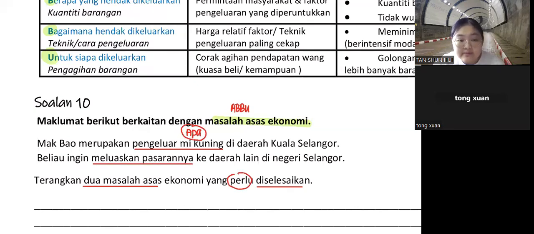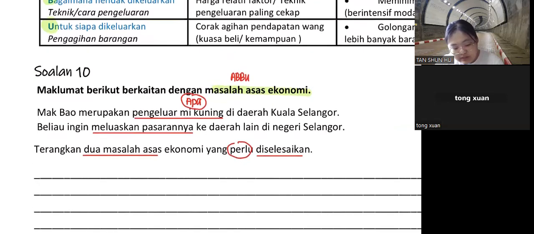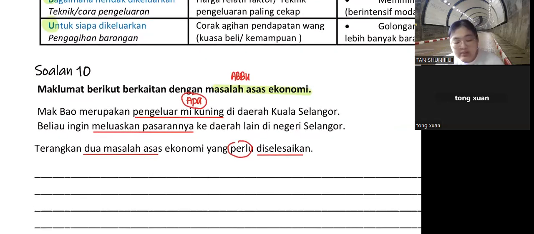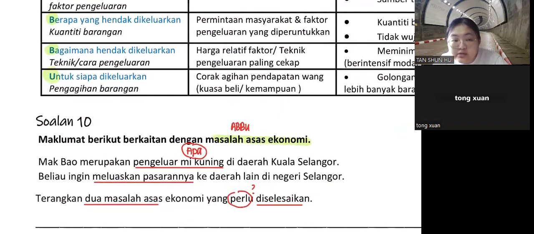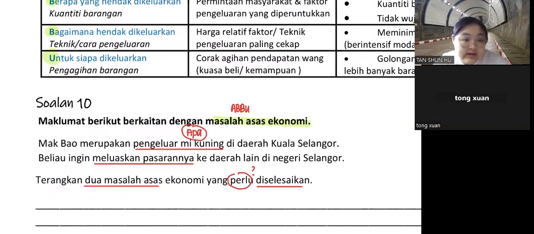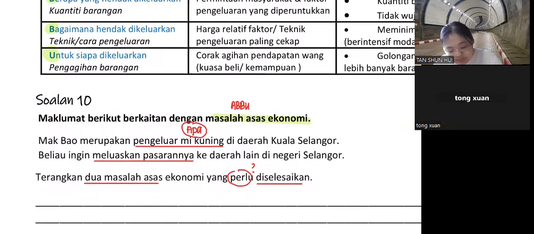So they only solved the upper part. Then which one is perlu diselesaikan? Which one haven't they solved? They said they want to expand the business. Did they tell you how much exactly they want to produce? No, they didn't. So the first problem they got to solve is berapa.